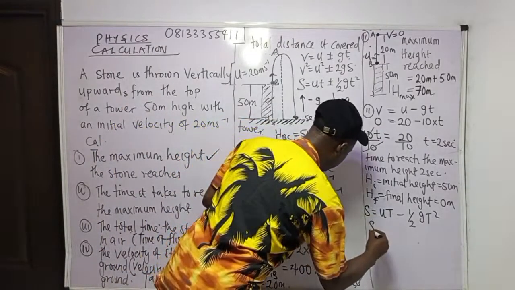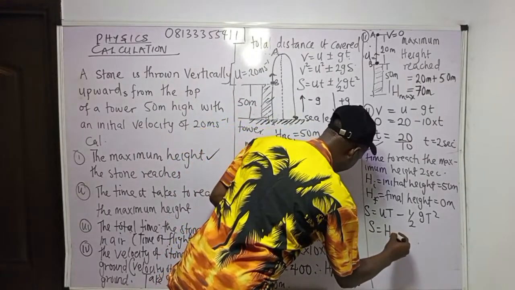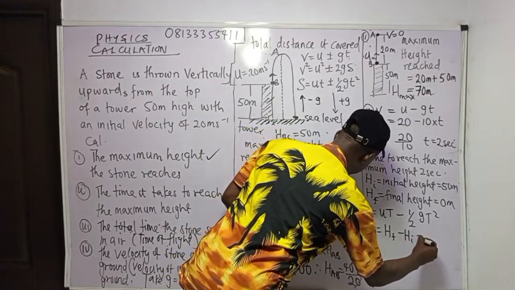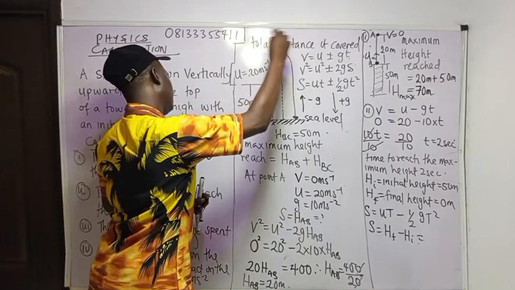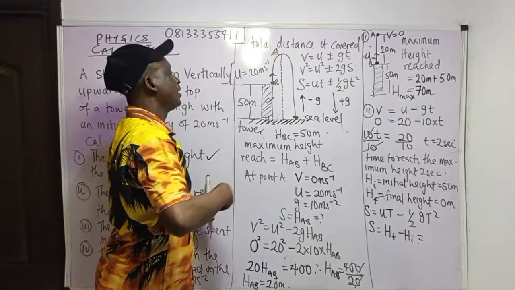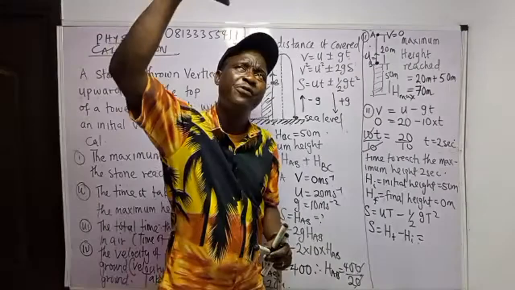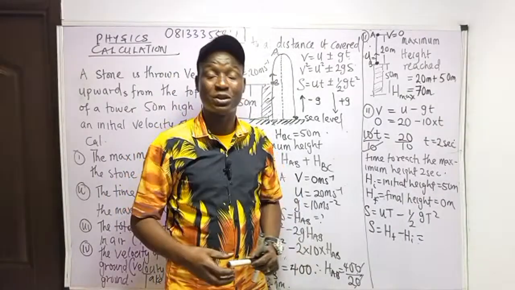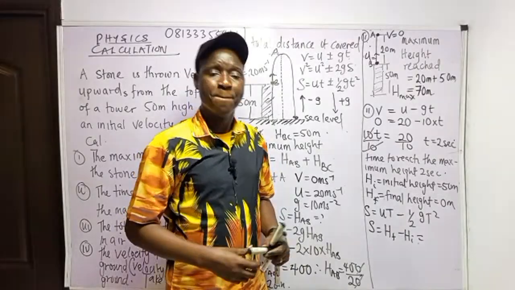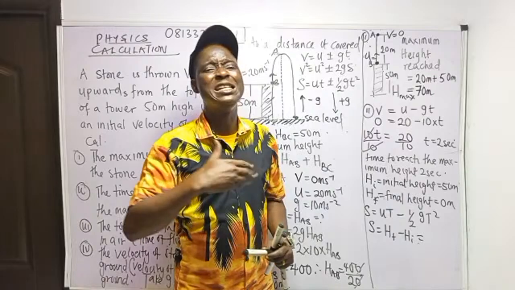What is your displacement? Your displacement is equal to H final minus H initial. That a body is being displaced up before it is turned down. But a body can fall freely, like a ripe mango can fall from a tree downward under the influence of gravitational acceleration. But a body cannot just rise up without any displacement.